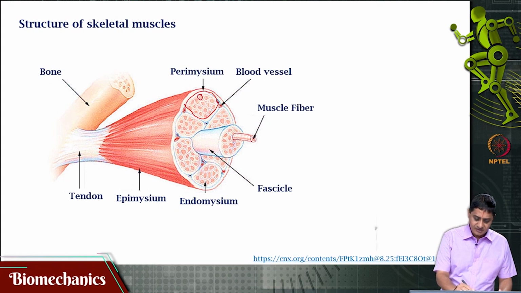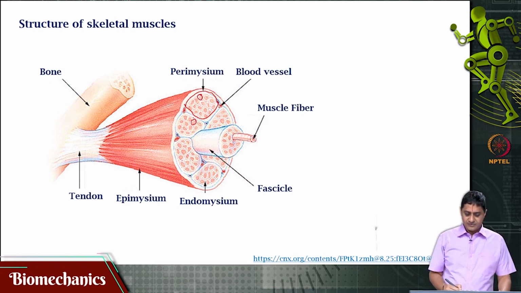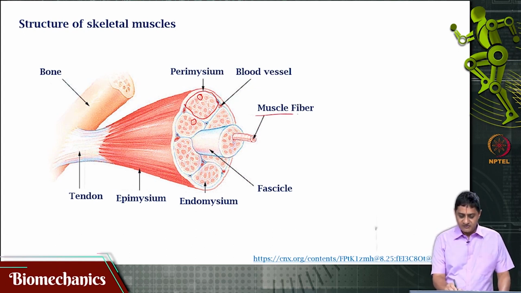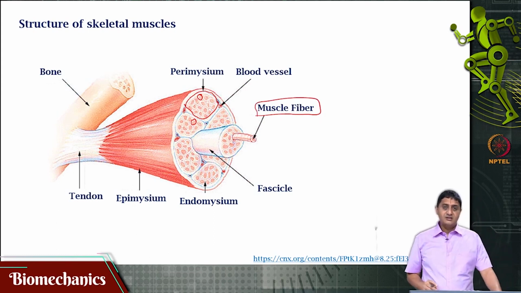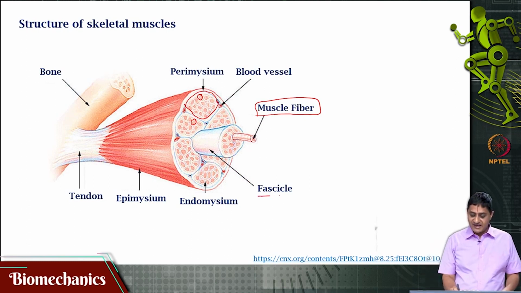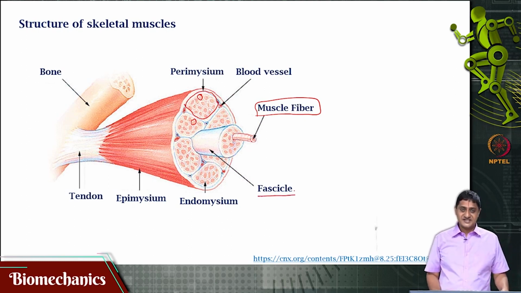And if you take one of these bundles and see within that, you see it is composed of several muscle fibers. Many muscle fibers put together make up what is called a fascicle or muscle fascicle.